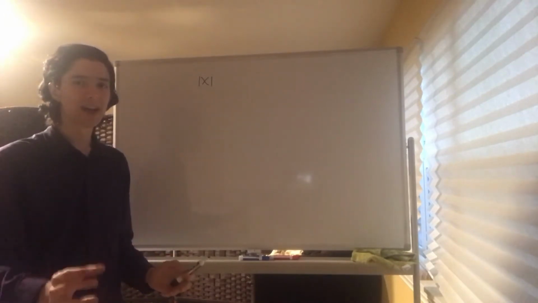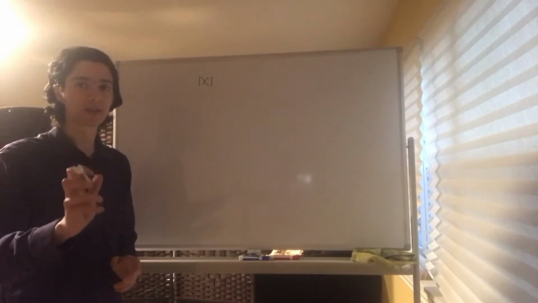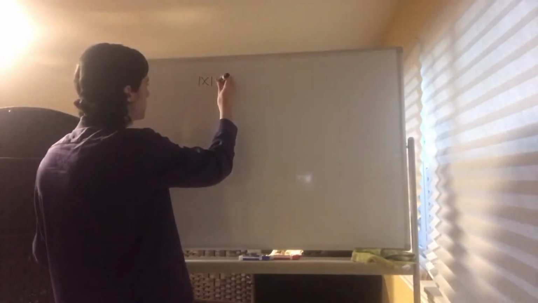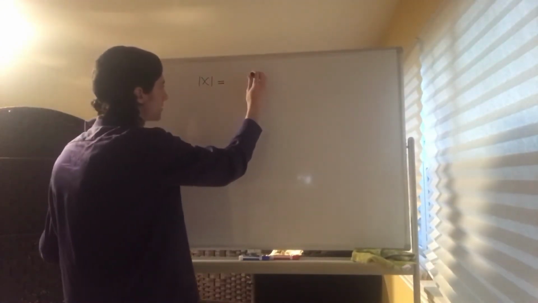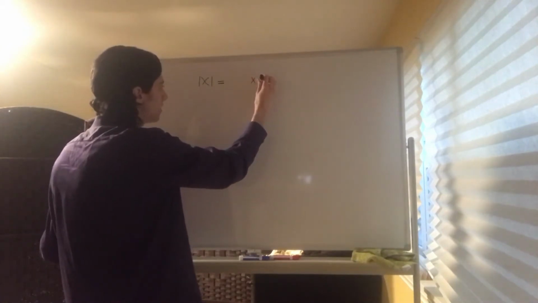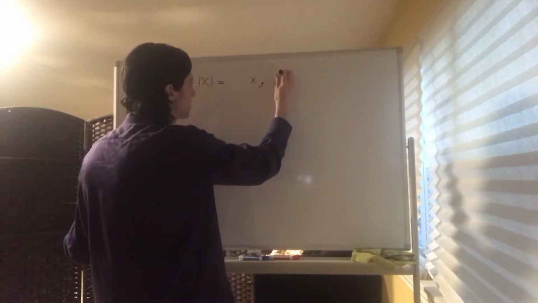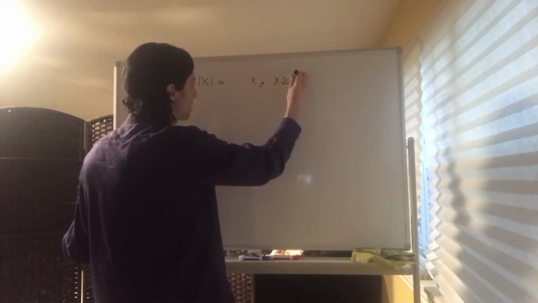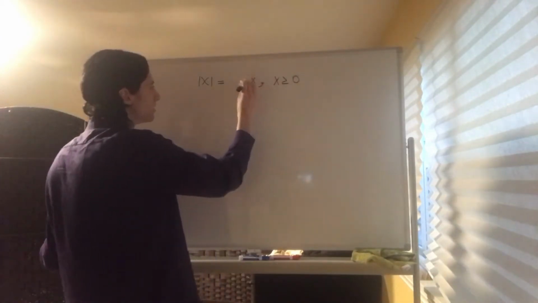So how do we define this rigorously? Well, we can do so as follows. The absolute value of x is equal to x under the condition that x is non-negative. And I'm going to say this as when x is greater than or equal to 0, it is equal to x.